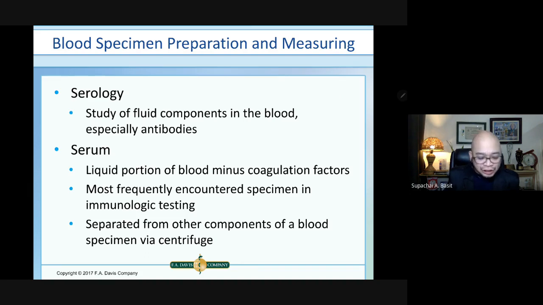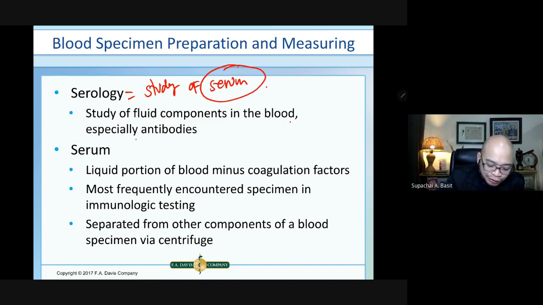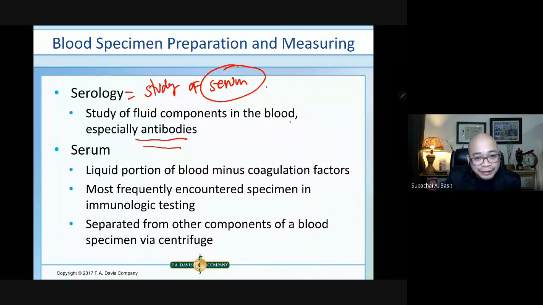Serology actually deals with the study of serum. That's the exact meaning of the word serology, no? We study the fluid components in the blood, particularly serum, because it is the serum that contains antibodies.